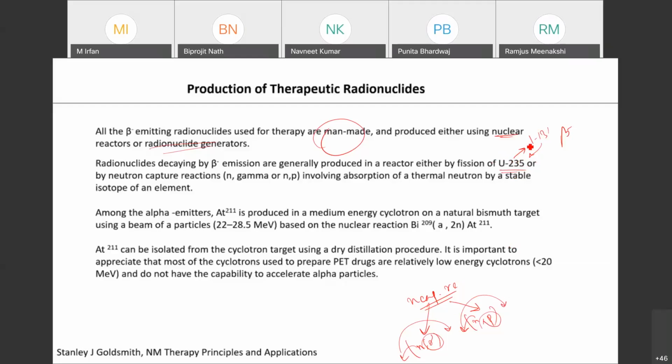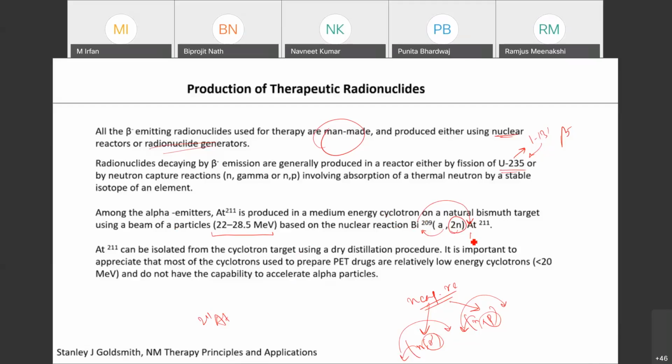And apart from these, we have alpha emitters like astatine. If we look at how astatine-211 is produced, we irradiate a bismuth target with a beam of alpha particles, which has energy of about 28 to 28.5 MeV. After irradiation of this bismuth target, it leads to production of astatine-211 and emission of 2 neutrons.